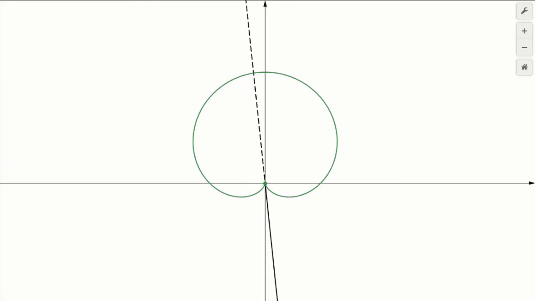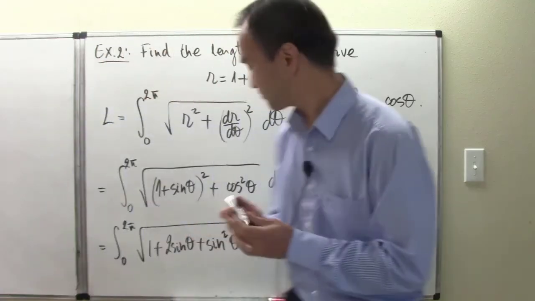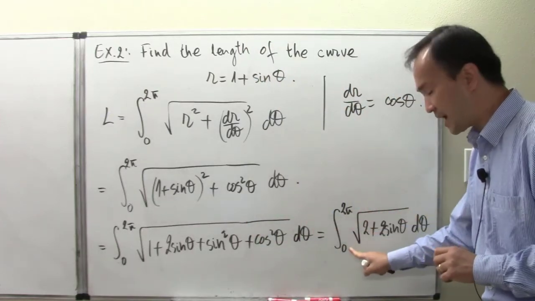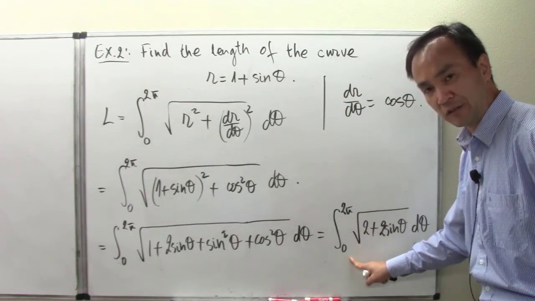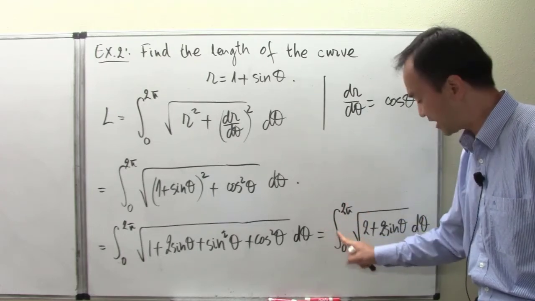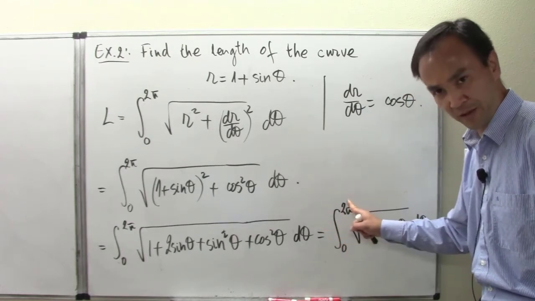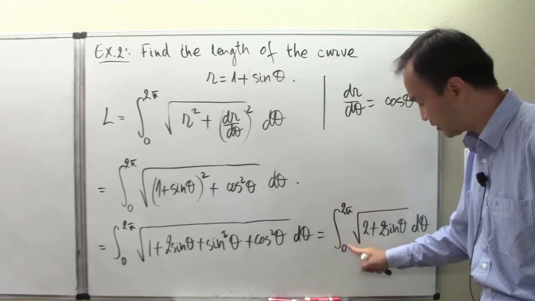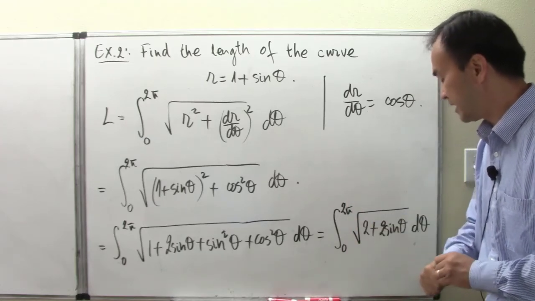But instead of using the interval from 0 to 2 pi, allow me to modify my integral to go from negative pi over 2 to pi over 2, but I'm going to double. So instead of using this overall interval right here, I am going to use a different version.